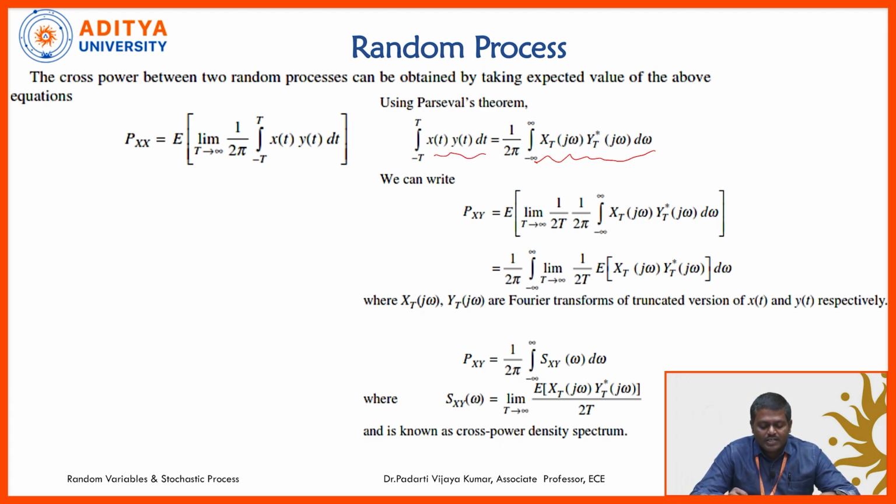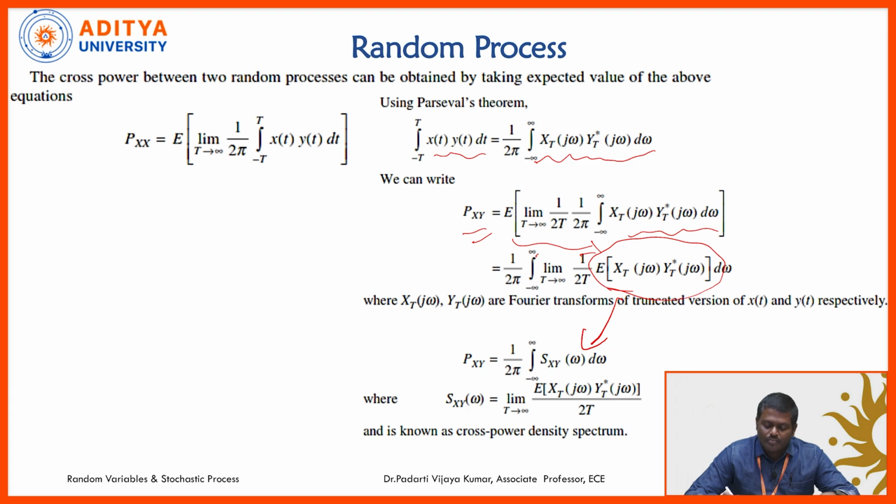So we replaced x of t and y of t with 1 by 2 pi, using Parseval's relation, 1 by 2 pi integral from minus infinity to infinity, x_T of j omega, y_T star of j omega d omega. So we can write Pxy as the expectation of this one. Okay. And we are taking expectation inside. The expectation of this function is mathematically equal to Sxy of omega.